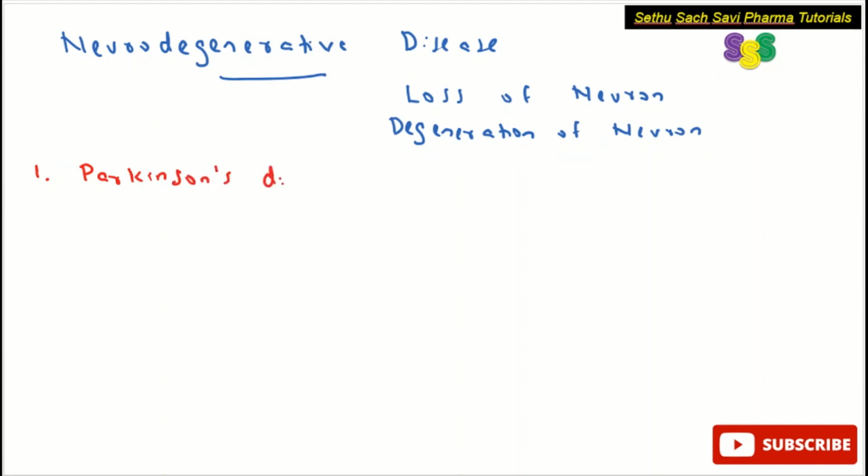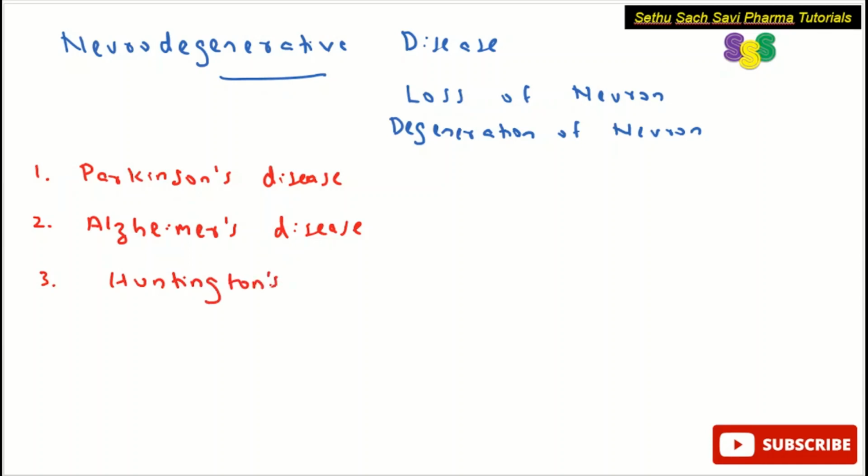Parkinson's disease is a neurodegenerative disease. Number two, Alzheimer's disease. Alzheimer's disease is a neurodegenerative disease. Another important one is Huntington's chorea disease.